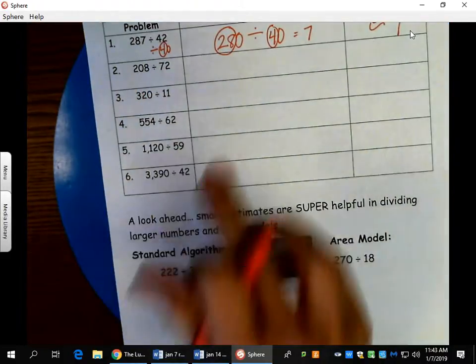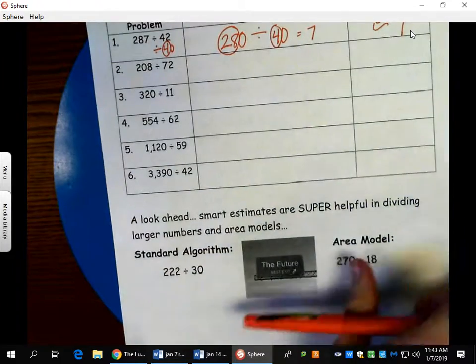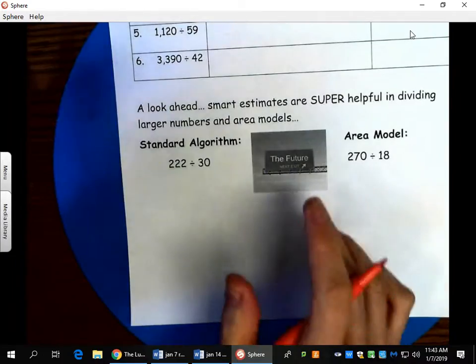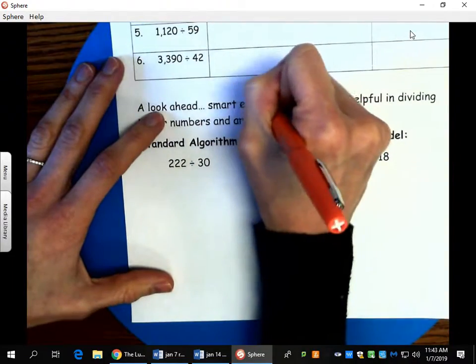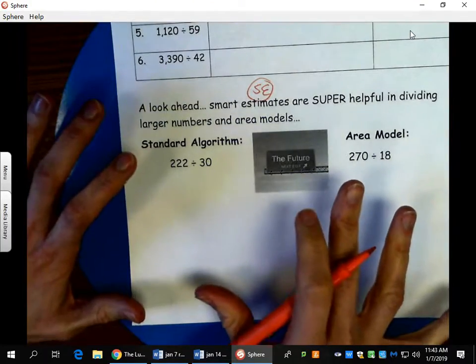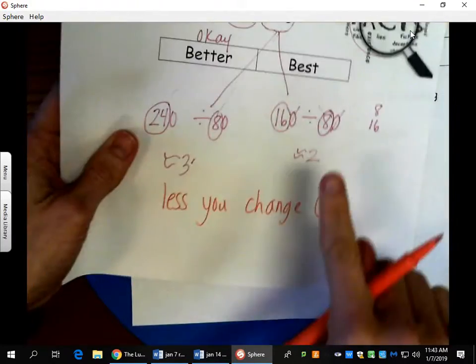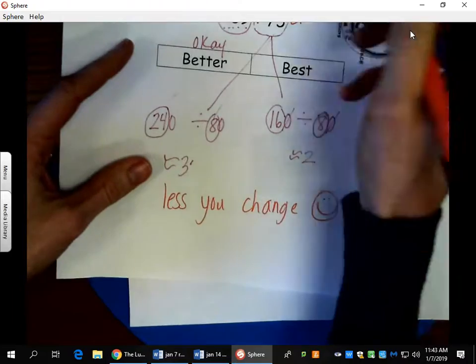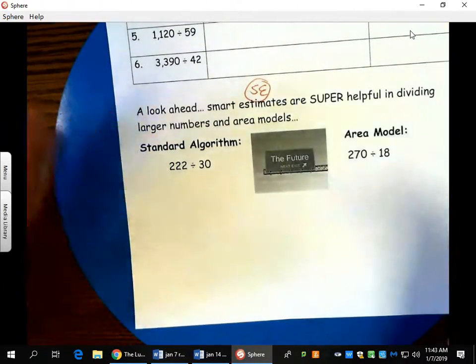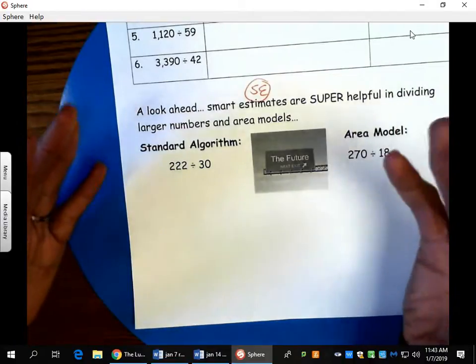I want you to do the last 5 on your own, and then I want you to see why estimation is so important. I know we call them the smart estimates. These smart estimates that we just made on this page, we made a smart estimate that this is going to be about 2. We made a smart estimate here. You're going to make more here. Why do we do all this and not just solve exactly?